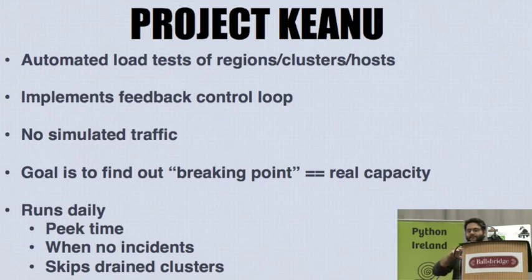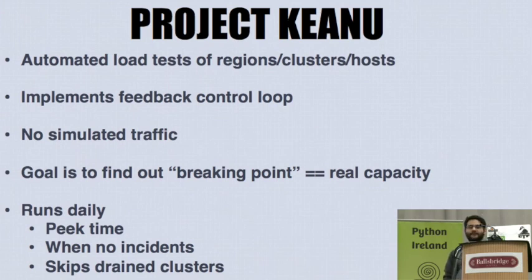It watches those metrics until you go just above the acceptance level. When you go above that level, you back off immediately, and you have this number that is the real capacity of your cluster or bunch of machines.